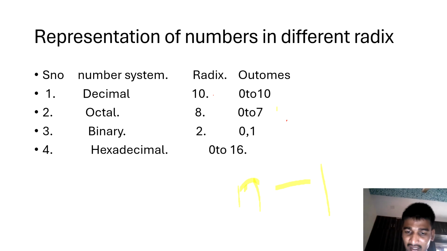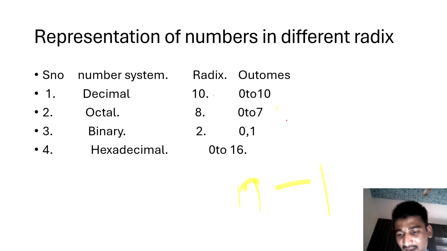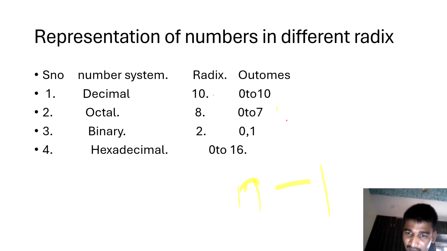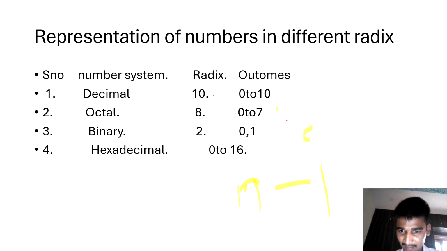As I said already, for the number system we take n minus 1, where n is 10, minus 1 means 9. That is the decimal radix. 10 outcomes means 10, and we are also counting the 0.